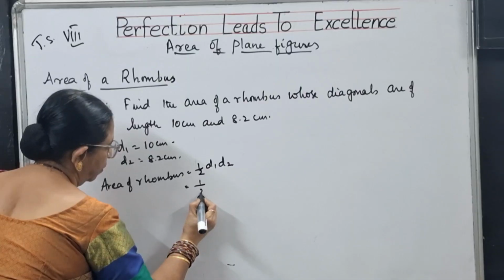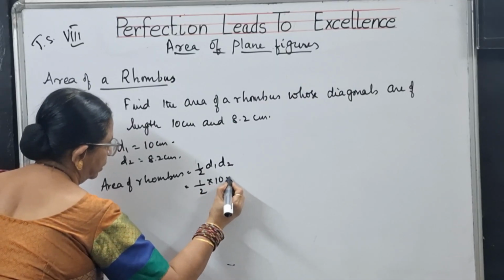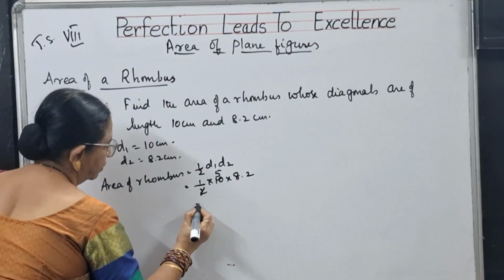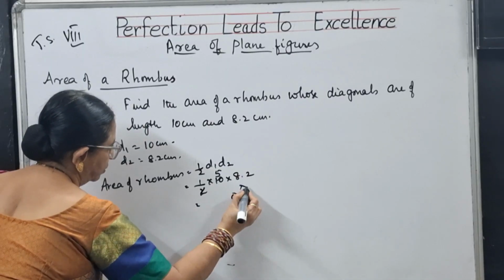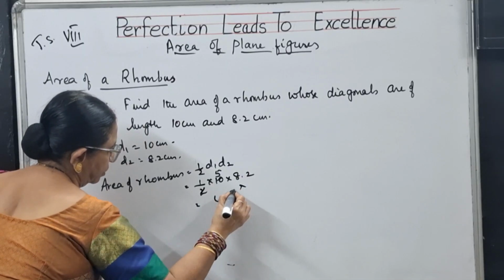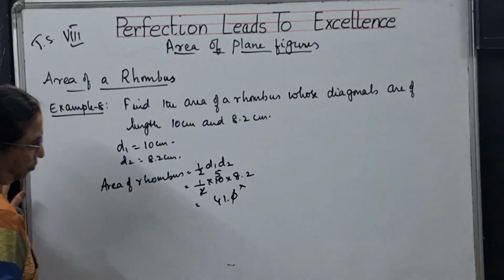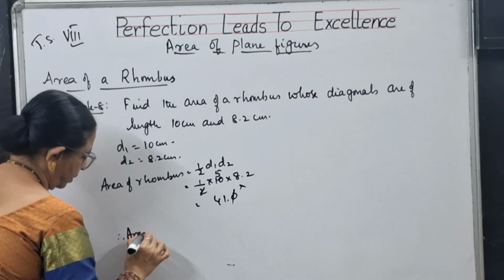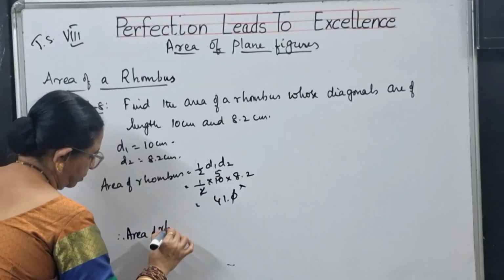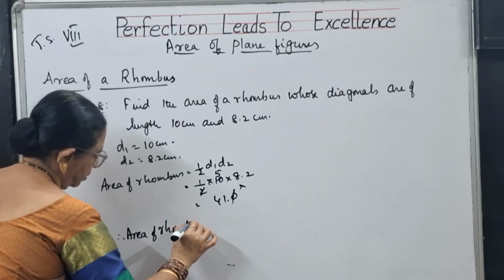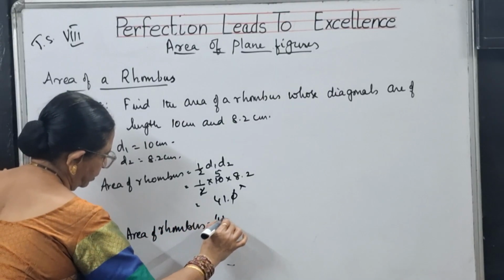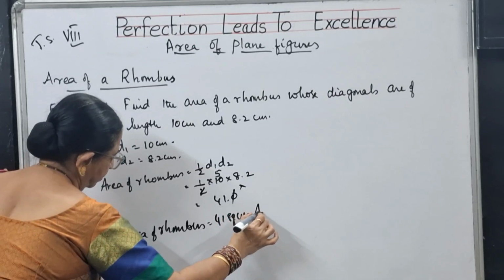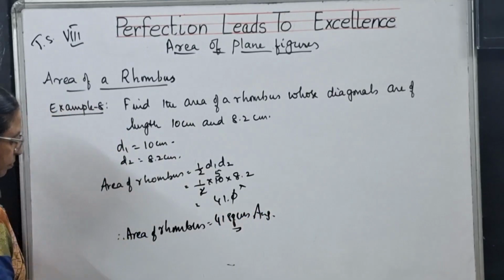That is half into 10 into 8.2. Half of 10 is 5, 5 eights are 40, so 41 after placing the decimal. Therefore, the area of the rhombus is equal to 41 square centimeters. This is the answer, children.